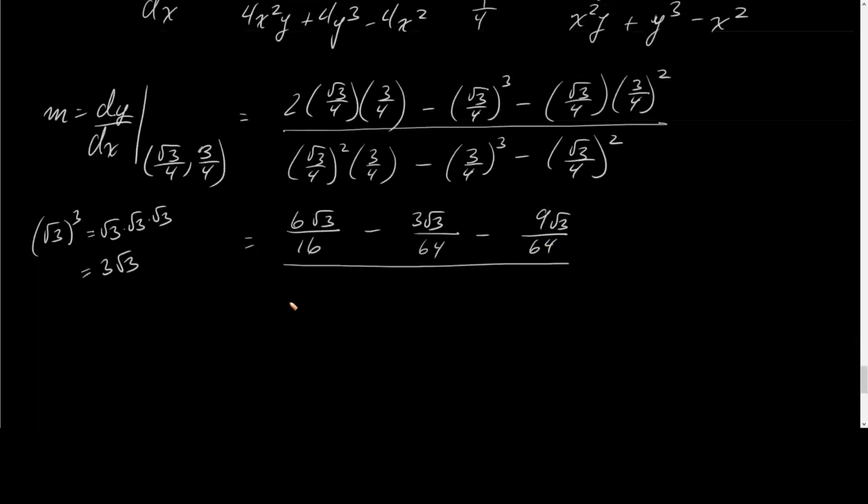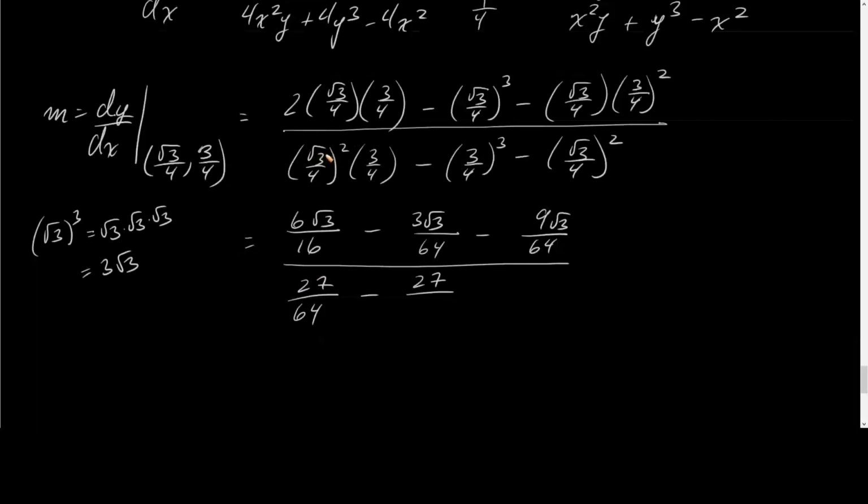Over radical 3 squared, that's 9. 9 times 3 is 27. 4 squared times 4, we just said that was 64. Minus 3 cubed is 27. Hold on, I messed up here.